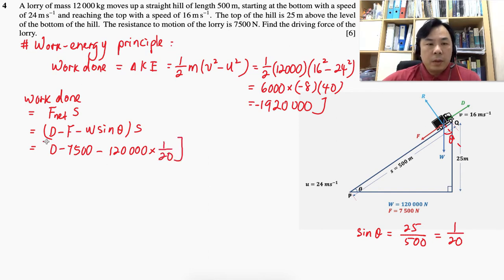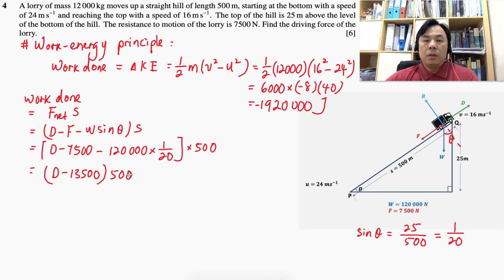And then finally, I'm going to multiply by the distance travelled, which is 500. And then this whole result here, now we can actually simplify a bit. So let me simplify before we go to the next section. So that will be 6,000, 6,000, that will be 13,500 by 500. Okay, so that's how it looked.